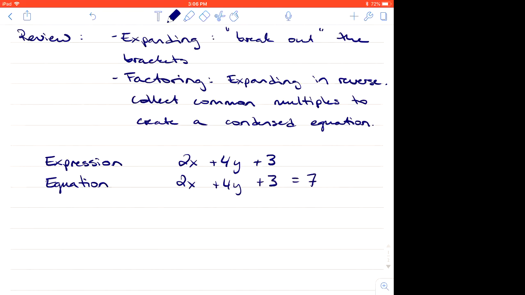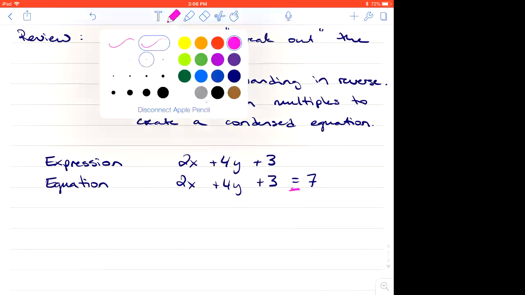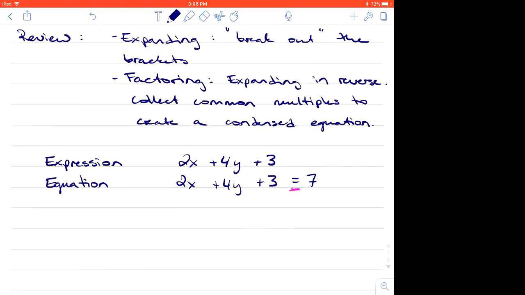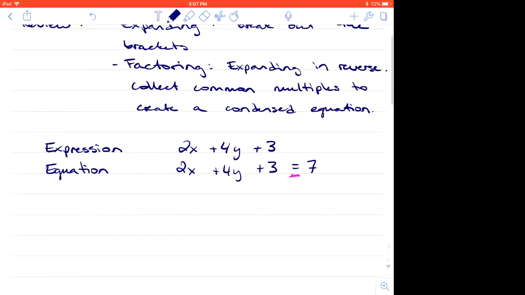So the equation has this equal sign in there. Good question. An expression is just a list of terms, essentially. There's no equality. But really good question.